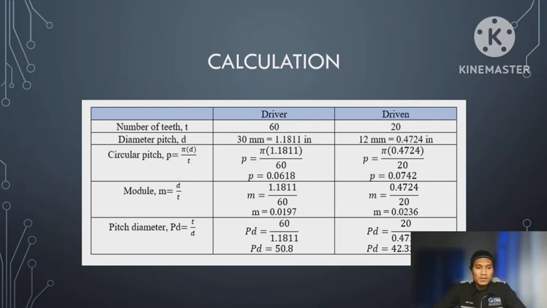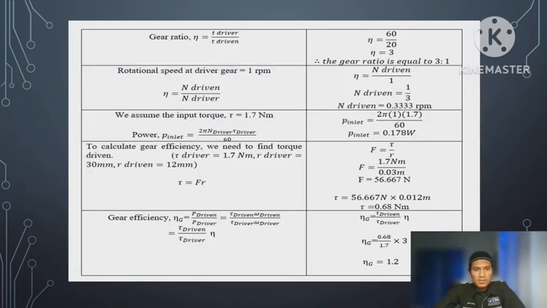After that, the formula for pitch diameter, PD equals teeth over T. Okay, for the next slide. The formula for gear ratio is teeth of driver gear over teeth of driven gear. We get the answer equal to 3:1.